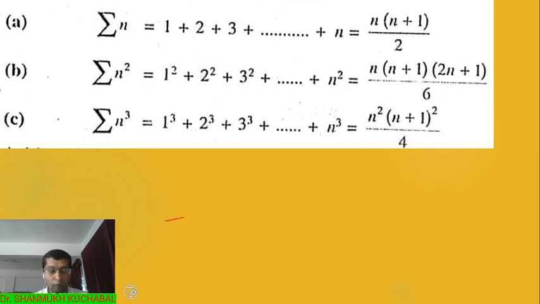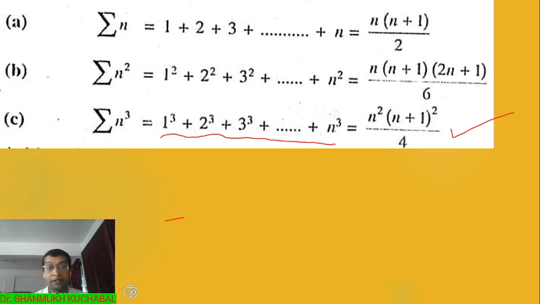Now one more series, summation of n cube equal to 1 cube plus 2 cube plus 3 cube up to n cube is given by the formula n square into n plus 1 whole square divided by 4. Okay, these are the three important series.